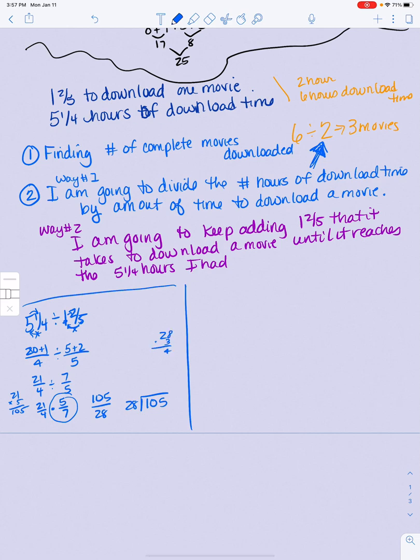I get 84. Can I do it again? 28 times 4 would be 112. So I can only get 3, and then I have a remainder. So that means I get 3 movies downloaded. So way number 1 says 3 movies.